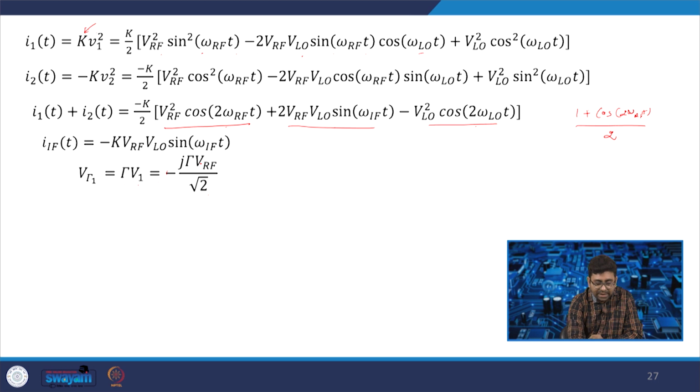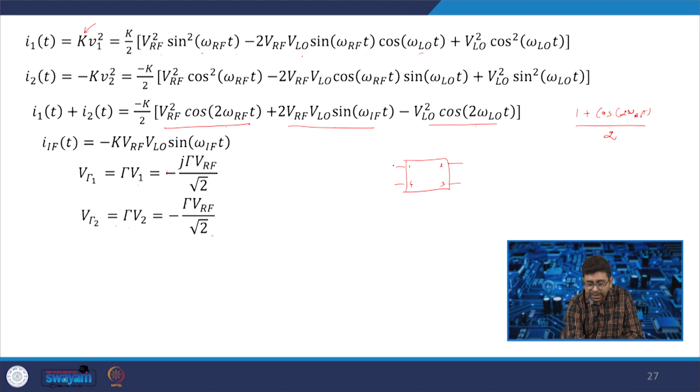Similarly, we can write V gamma 2 at diode 2, it is given by gamma V2, which is equal to minus gamma by root 2 into VRF. So what we can see is, if this is a 4 port, this is 1, 2, 3 and 4.